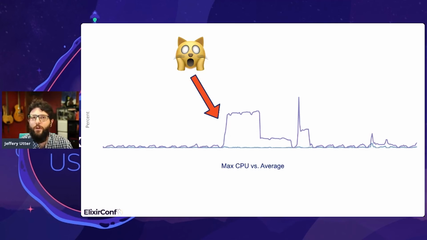So when you're faced with a problem like this, what do you do? Well, we could roll back the change, right? We can go back to OTP 23 and just say, forget it. We could do that and then upgrade one package at a time and see which one caused our problem. But the problem with that approach is this situation only happened at significant traffic spikes, which tend to happen for us this time of year around Sunday night football.